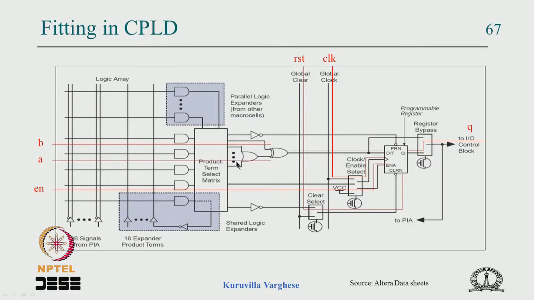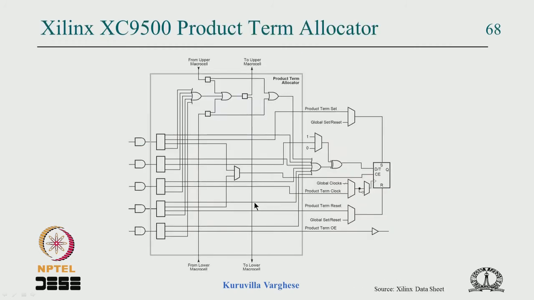So let us move to this product term select matrix. This is an Altera data sheet, but for that I am going to the Xilinx XC9500 product term allocator, which may be a little different from the Altera, because there may not be an expander product term, but nevertheless it shows the idea of the product term allocator.